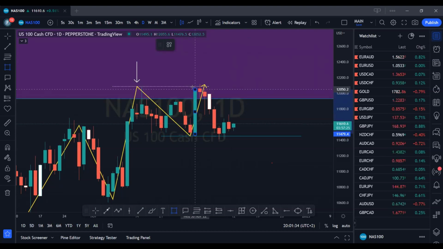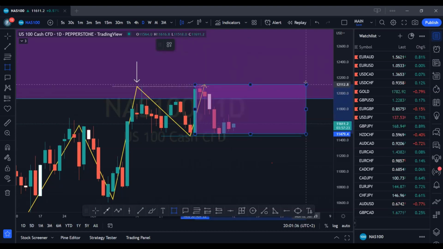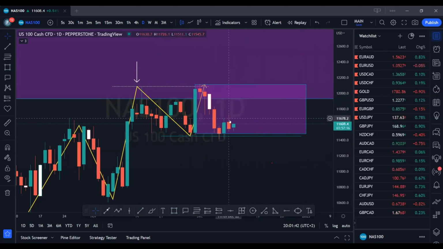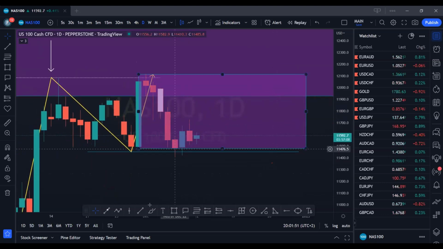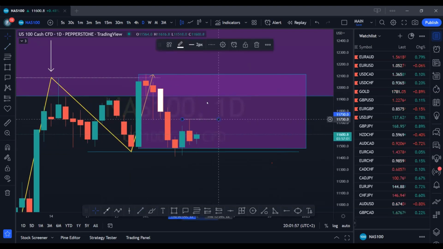this mother candle here is a block of supply. Price has already broken out of this zone, and then price is currently retracing here like so. This is the first area of mitigation, the reaction, and then when price breaks this zone, anywhere above this zone, we can start looking for sales.